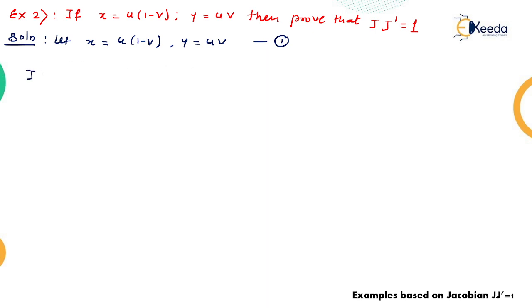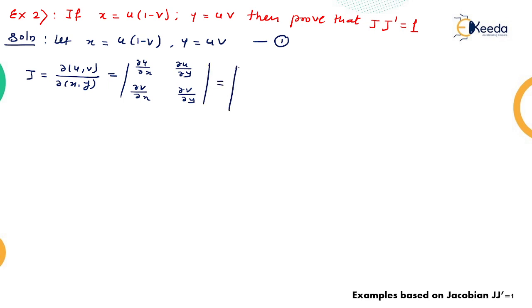So Jacobian J is equal to ∂(u,v) upon ∂(x,y). So ∂(u,v) upon ∂(x,y) means it is a determinant of ∂u/∂x, ∂u/∂y, ∂v/∂x, and ∂v/∂y. So we have to just put these values in this determinant.